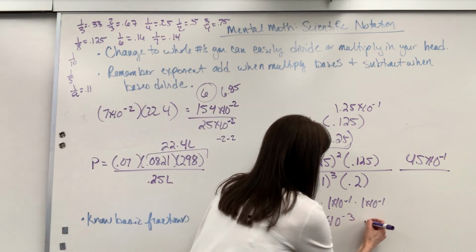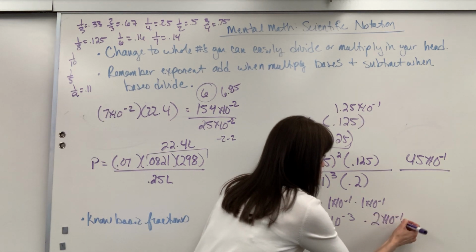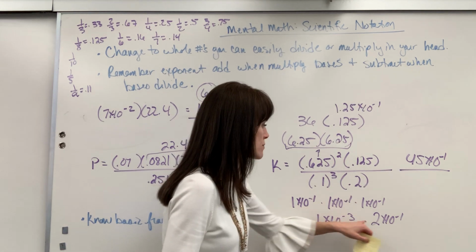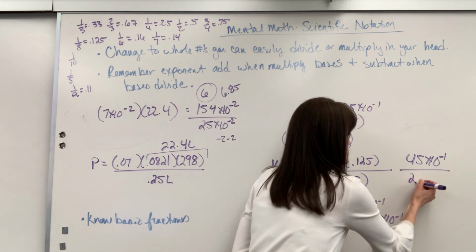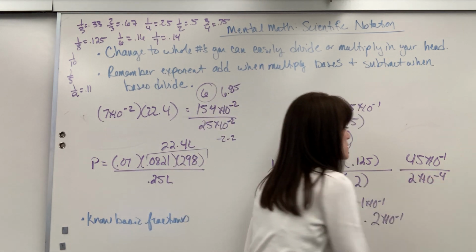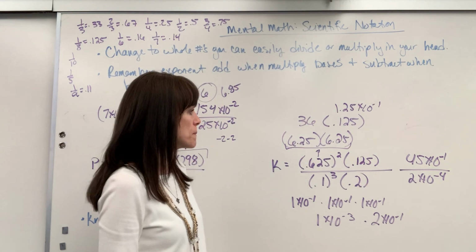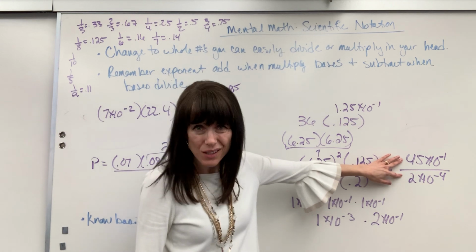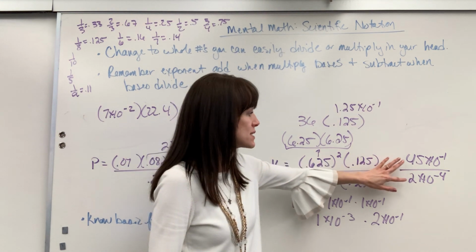Now, let's multiply that by 2 times 10 to the minus 1. Okay, easy. 1 times 2 is 2, and minus 3 plus a minus 1 is going to give us 2 times 10 to the minus 4, right there. Okay, good. So these numbers, so much easier to deal with because I'm dealing with a tens and a ones place.